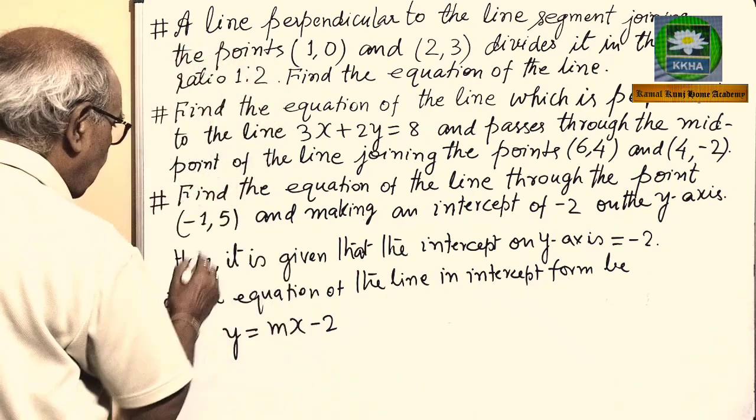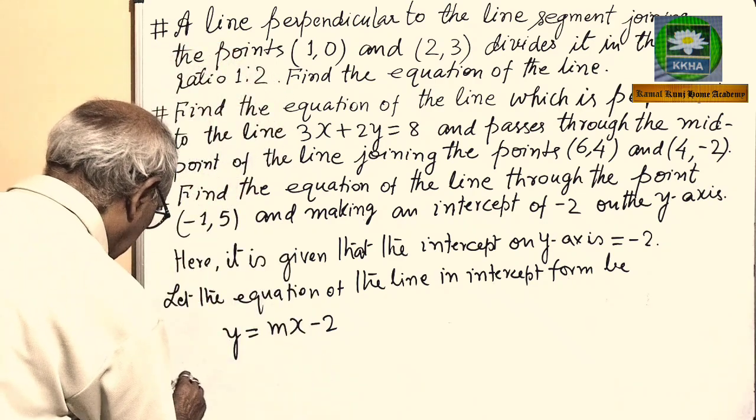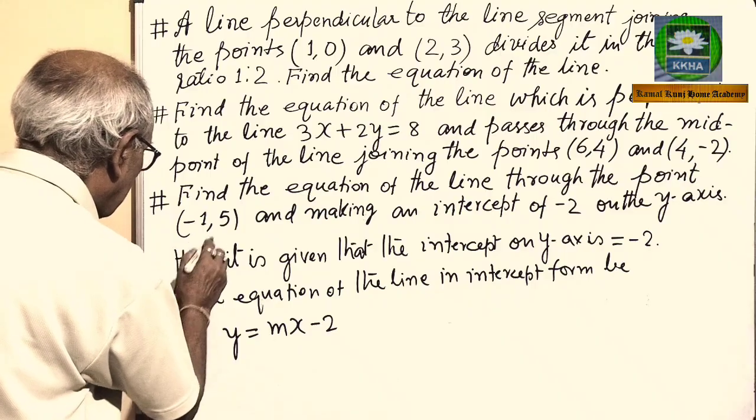See, this line passes through the point. Its coordinates are -1 and 5.